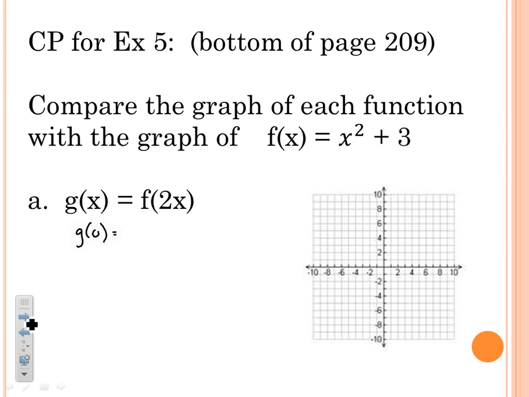So instead of having x squared, you're going to have 2x squared plus 3. So 4x squared plus 3. Now put in your 0. We'd have 0 plus 3, or 3.